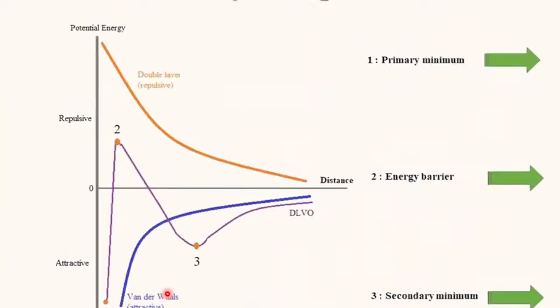There is one more thing: the primary maximum, the place where the maximum repulsion between the particles is pronounced, and the secondary minimum, the place where you have a compromise between the attractive and repulsive forces.